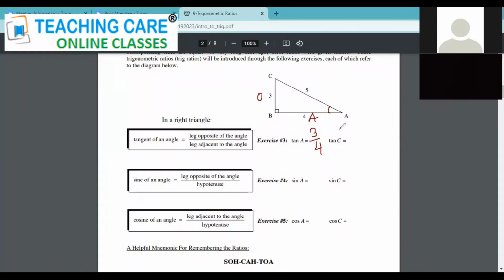4 over 3. Yes, correct. Come to the next one. What will be sine of A? Yes, 3 over 5. Okay, good. Sine C?